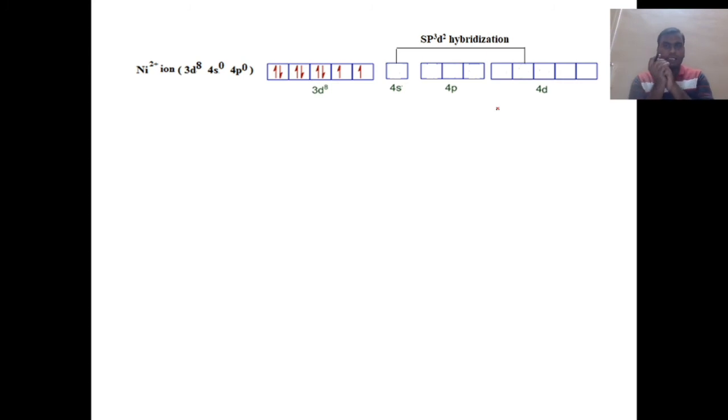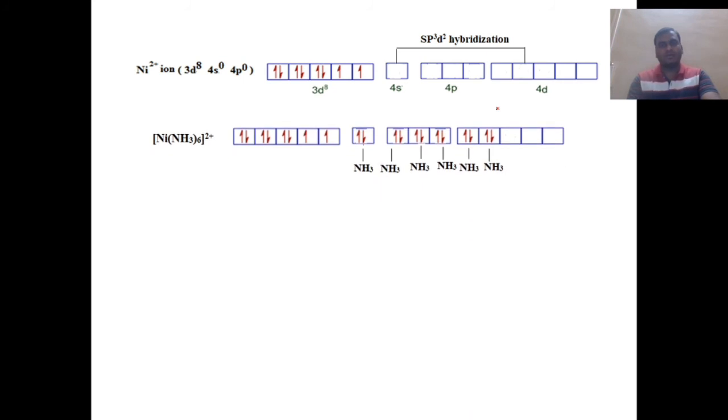So these 6 empty atomic orbitals of the nickel undergo hybridization, and the ammonia molecules donate the lone pair of electrons into these vacant atomic orbitals of the metal, and there is a formation of this type of complex, Ni(NH3)6 2 plus, where we can see there is a presence of 2 unpaired electrons. Okay, here you can see the 2 unpaired electrons because no pairing takes place. So these 6 ammonia molecules donate the lone pair of electrons to this complex, and there is a formation of the Ni(NH3)6 2 plus complex.